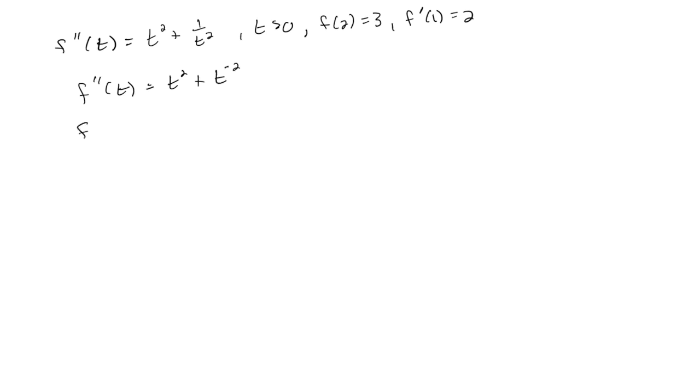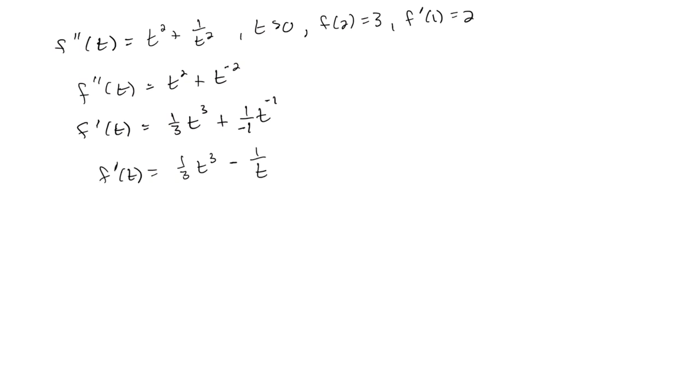So f prime is going to be 1/3 t cubed, right? Add 1 to the power, divide by the power, and then I'm going to get t to the -2 plus 1, which is -1, and then I'm going to divide by -1. So I really have 1/3 t cubed, and then typically would write this as -1 over t.